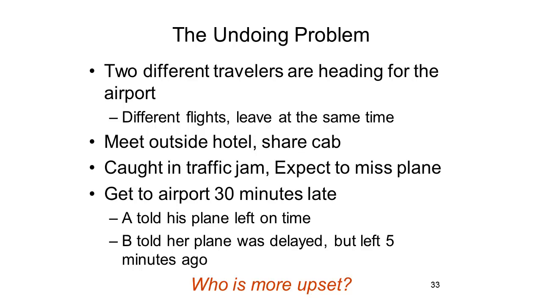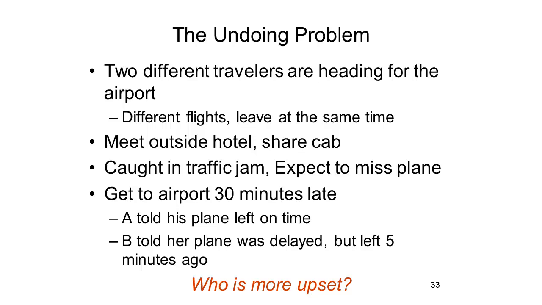The cab is caught in a traffic jam and the driver turns around and tells them they should expect to miss their flights. In fact, the travelers get to the airport 30 minutes late. When they arrive at their departure gates, Traveler A is told that his plane left on time, and Traveler B is told that his plane was delayed but left 5 minutes ago.